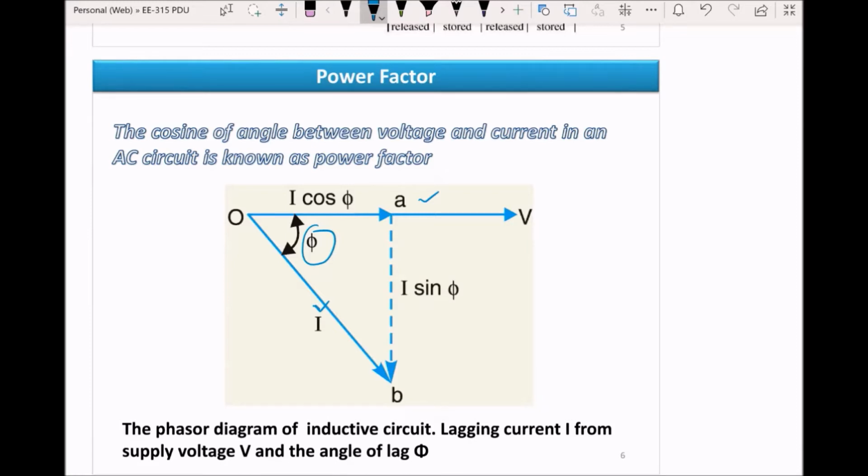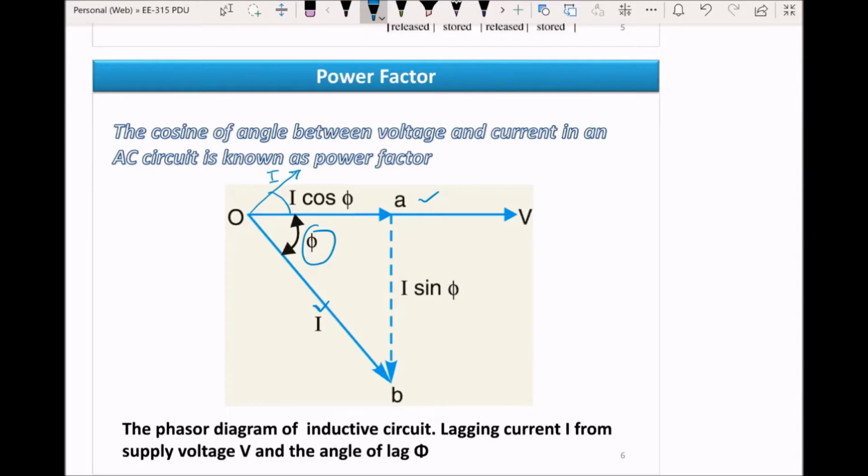We also know that the angle between the current and voltage only appears for a reactive load. It can be for an inductor and it can be for a capacitor as well, but in the case of a capacitor the current will start leading. In the phasor diagram given here, you can see the lag and the lead in the case of inductor and capacitor.